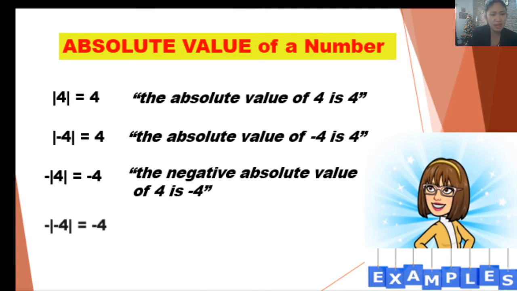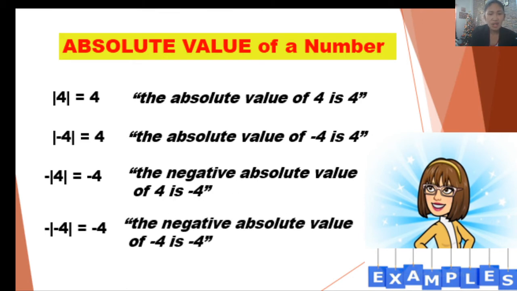How about that? The negative absolute value of negative 4 is equal to negative 4. Again, the negative sign is outside the absolute value of negative 4. So you find first the absolute value of negative 4. It's 4. Then you multiply it by the negative sign outside, so it is negative 4. Take a look at the difference.